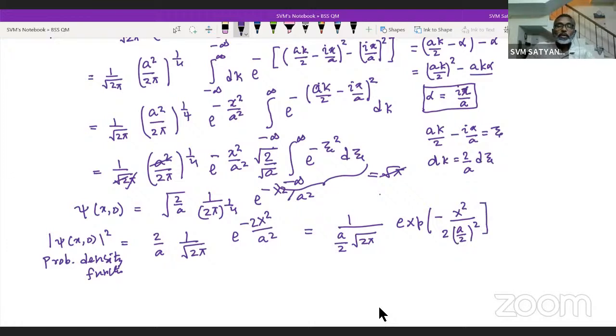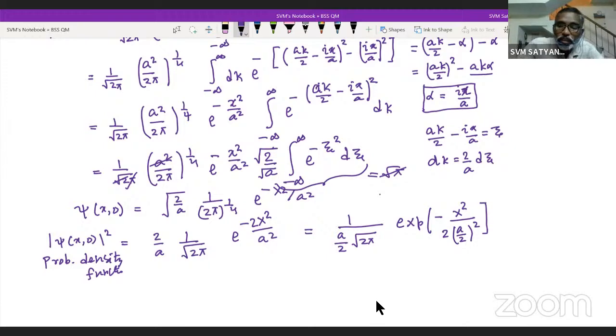Why I am writing like this, it will be clear. Whatever 2x square is there, I can bring it to the denominator, then it will become a by 2; put a 2 here and put another 2 here, then it becomes 4. So I can write it like this.